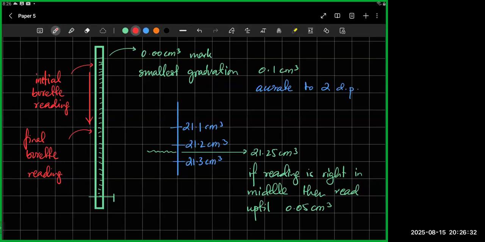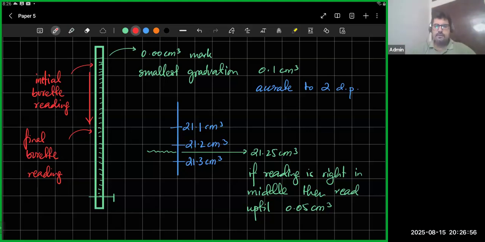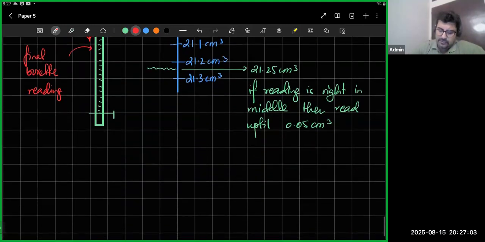Okay, let's go. So I'm sure you know how it works. But the thing is, based on that, the burette is used in certain conditions.